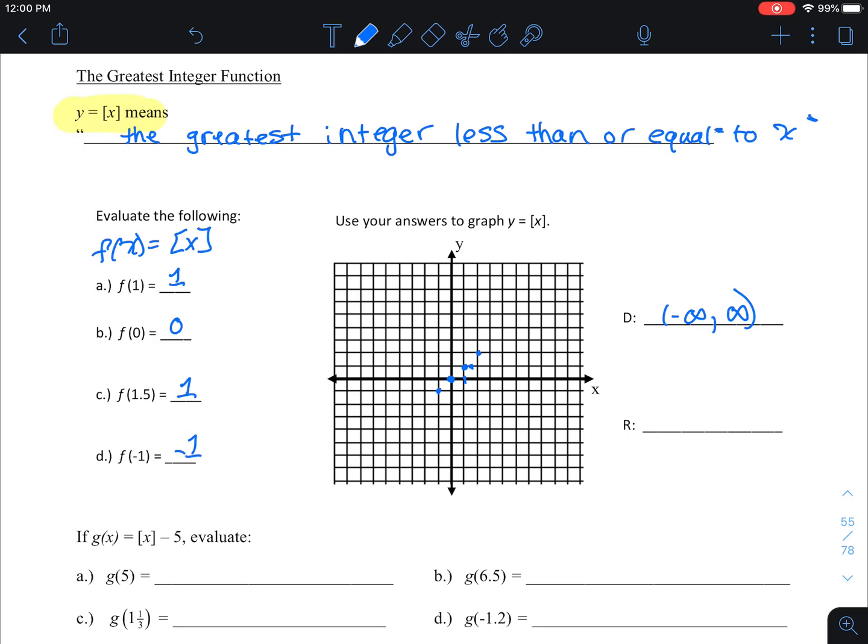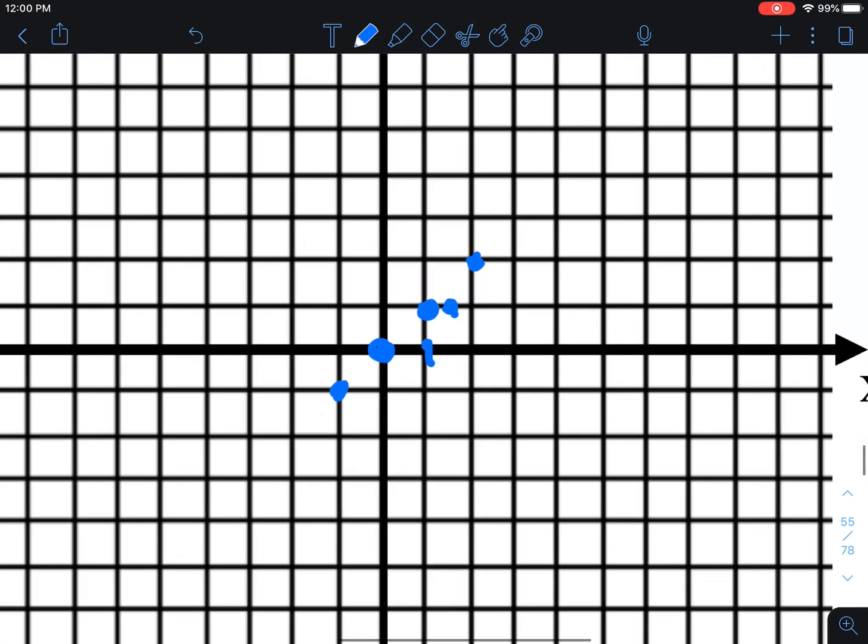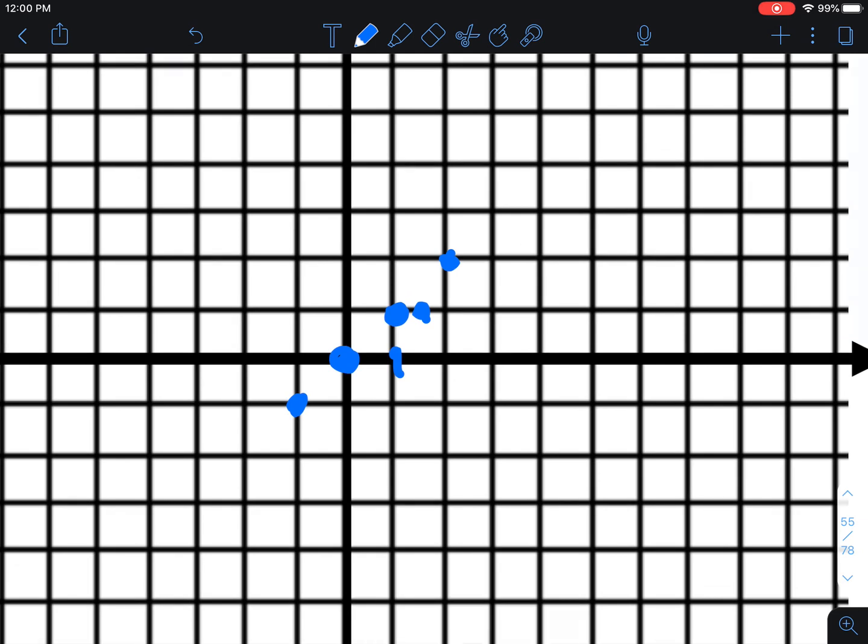So the way that we have, I'm going to zoom in for a second. So the way that we have to draw this is that we know that for all of these values it's still going to be negative 1, and then we have to have an open circle, because if this circle right here was filled in, it wouldn't be a function because there would be two outputs for 0.